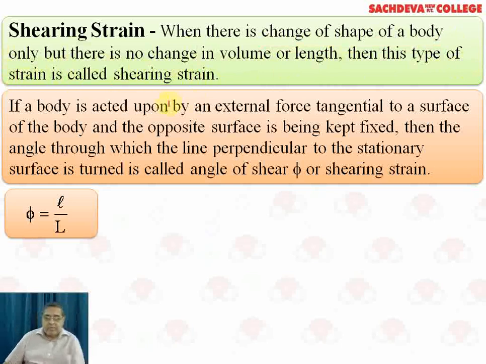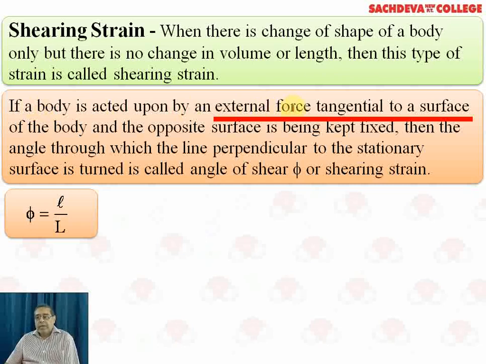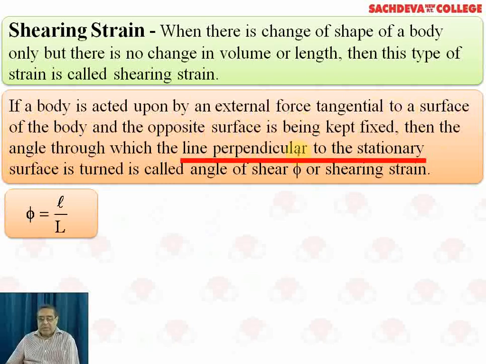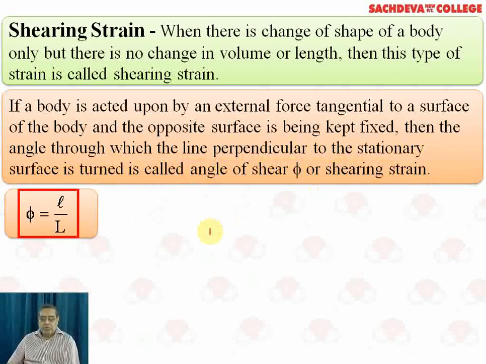If a body is acted upon by an external force tangential to the surface of a body and the opposite surface is being kept fixed, then the angle through which the line perpendicular to the stationary surface is turned is called the angle of shear or the shearing strain. So shearing strain is mainly concerned with the change in angle. So phi, that is the change in angle, is the ratio of the change in length to the original length.